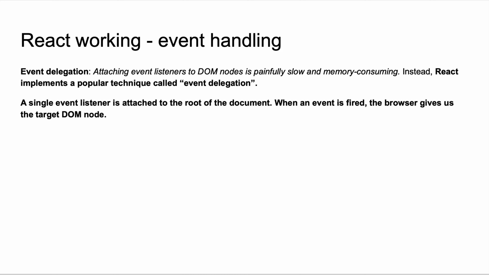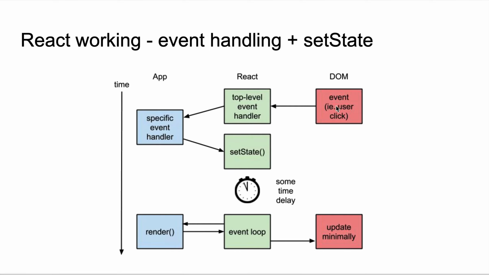Once you do it, you get the top level event handler that collects it, and then the specific event handler in your app code, which you write, triggers a set state. After some time, you leave the event loop, render gets called, and render decides what exact changes need to be made to the DOM, and then it updates minimally. Okay, so that's how set state and event handling work together.